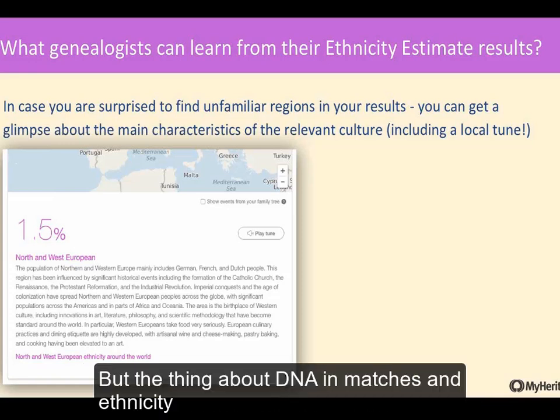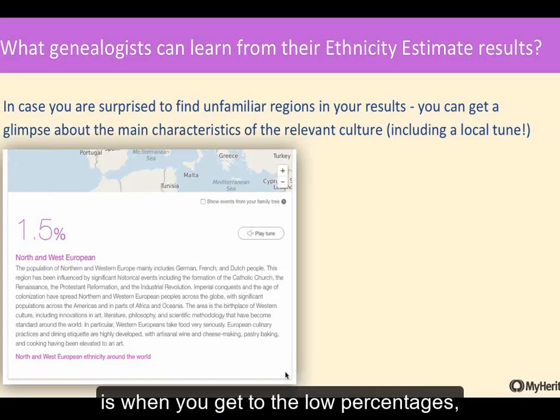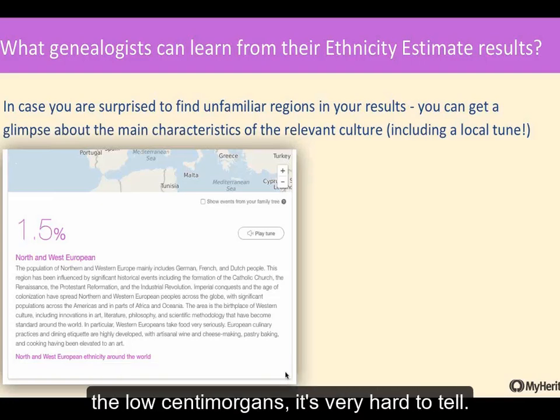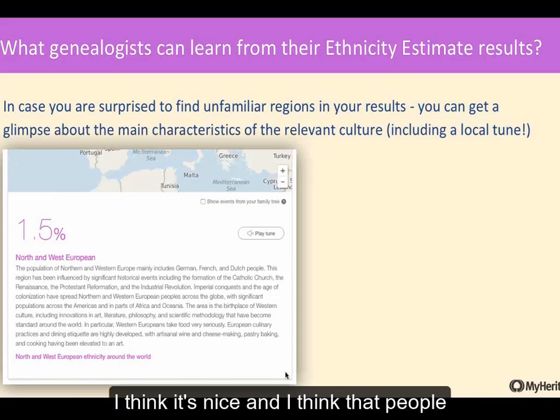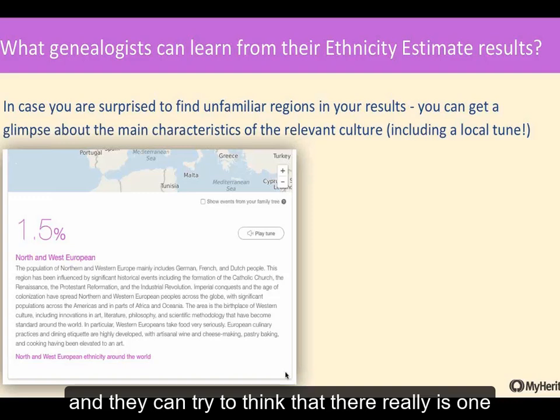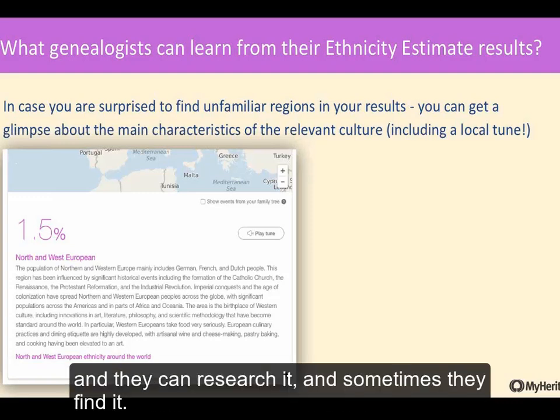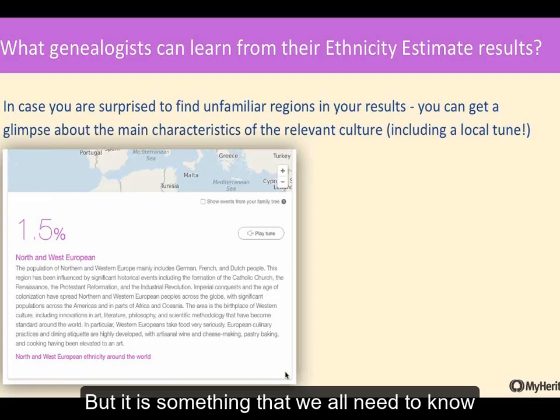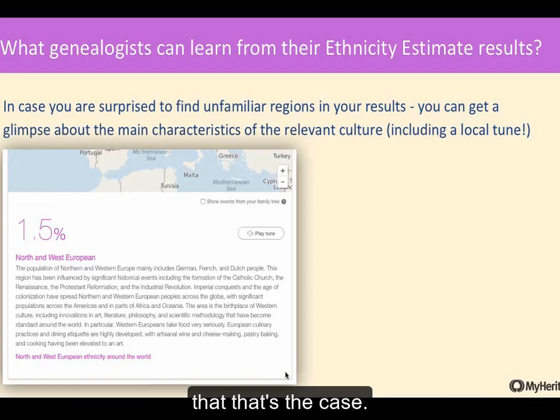But the thing about DNA in matches and in ethnicity is that when you get to the low percentages, the low centimorgans, it's very hard to tell. And I think it's nice. I think that people enjoy small percentages of countries where maybe there is no paper trail, and they can try to think that there really is one and research it, and sometimes they find it. But it is something that we all need to know that that's the case.